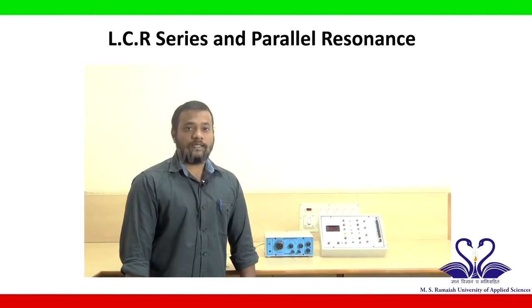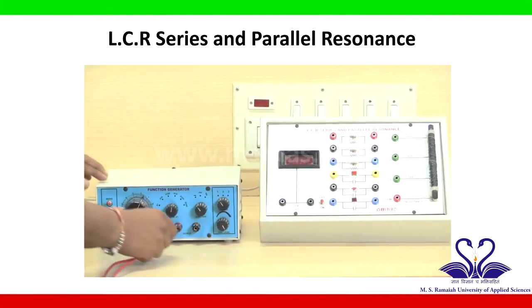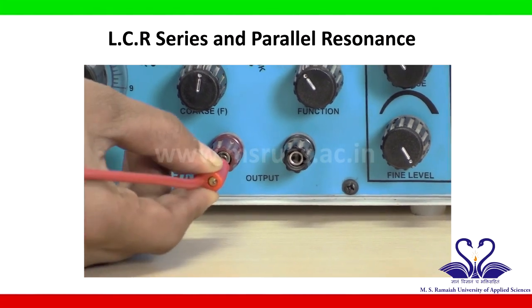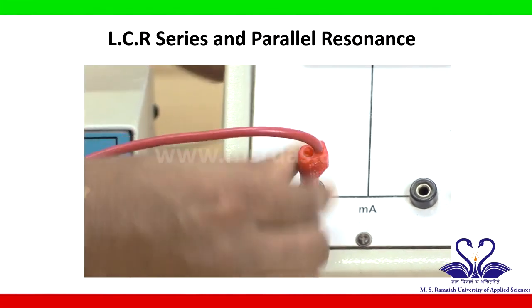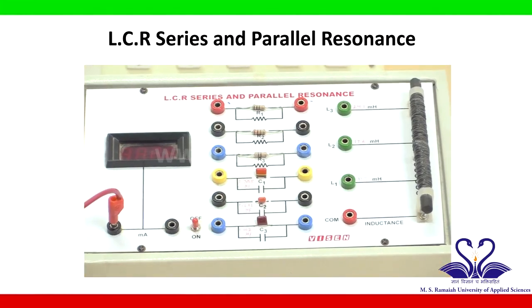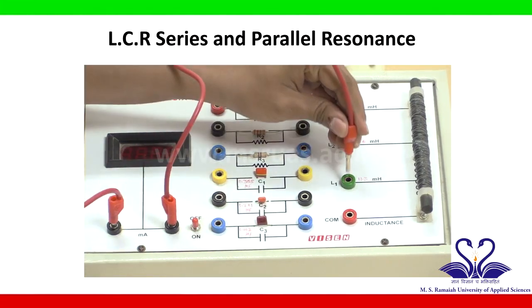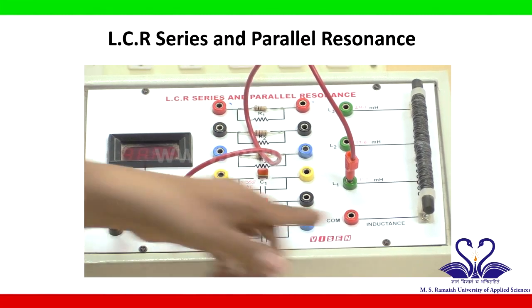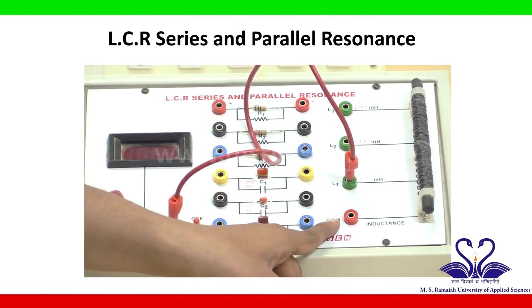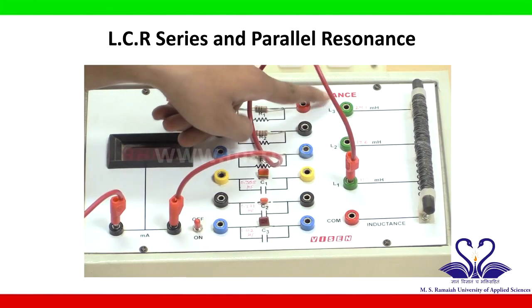Let us start the connection for the LCR series circuit. Connect a wire from the output terminal to the first knob of the milliammeter. Then connect a wire from the other terminal of the milliammeter to the inductance L1. Here the red knob is the common terminal for all the inductances L1, L2, L3.